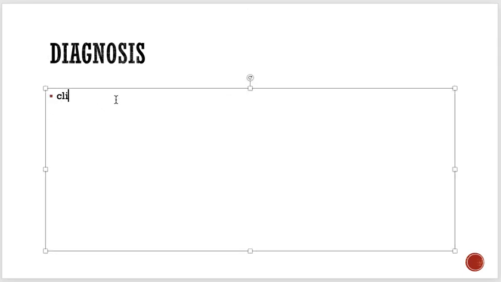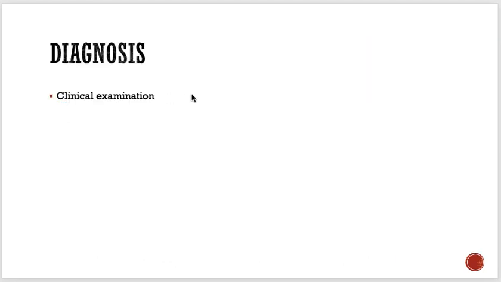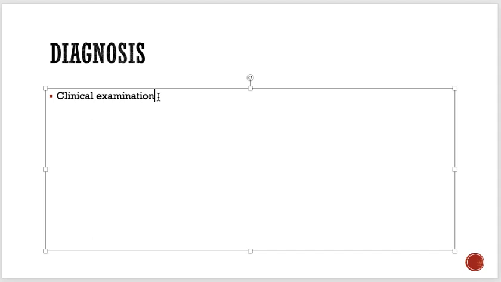First of all, clinical examination, right? Scleroderma is basically a clinical diagnosis, because if you see over here, 9 is for this one. So clinical examination can make the diagnosis.